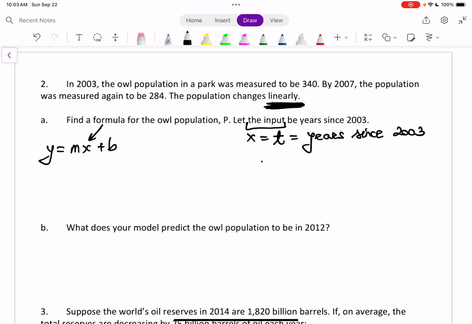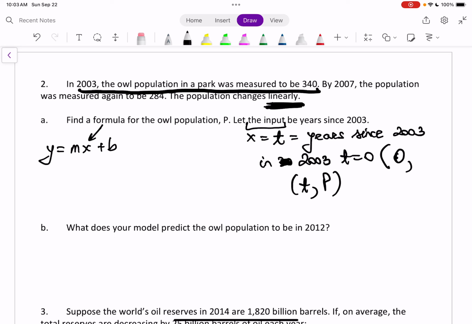So that means in 2003, our time is 0, yes? So we can create ordered pairs of time, population, and therefore at time 0, in 2003, the owl population was 340. So at year 0, in other words, in year 2003, the population is 340.